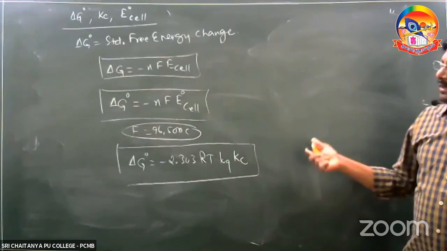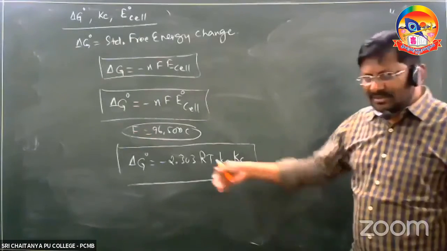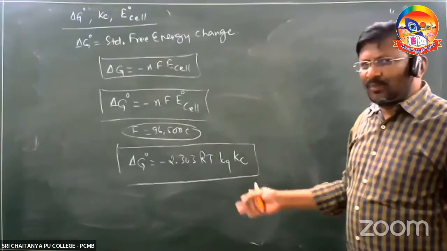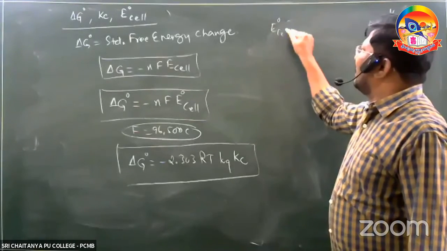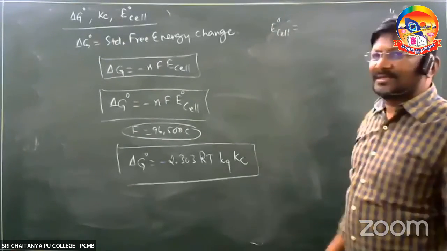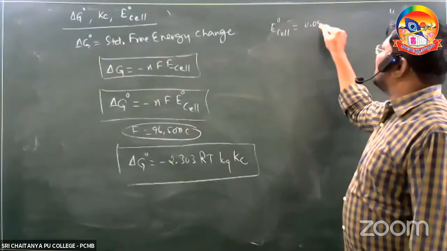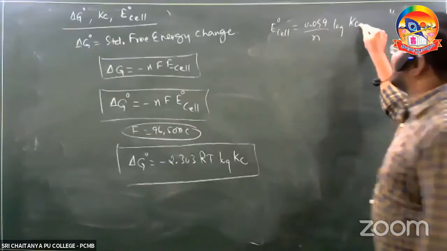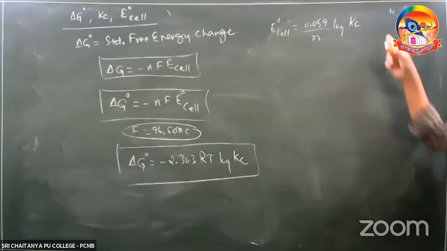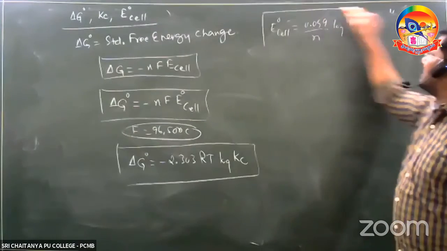And then in the last section also, just now, you have discussed this. What is that? E naught cell is equal to 0.059 by n log Kc. That is it, no? This formula you have seen.